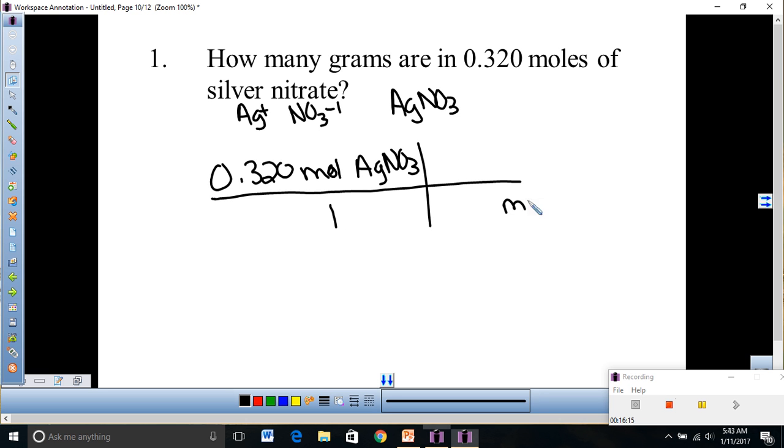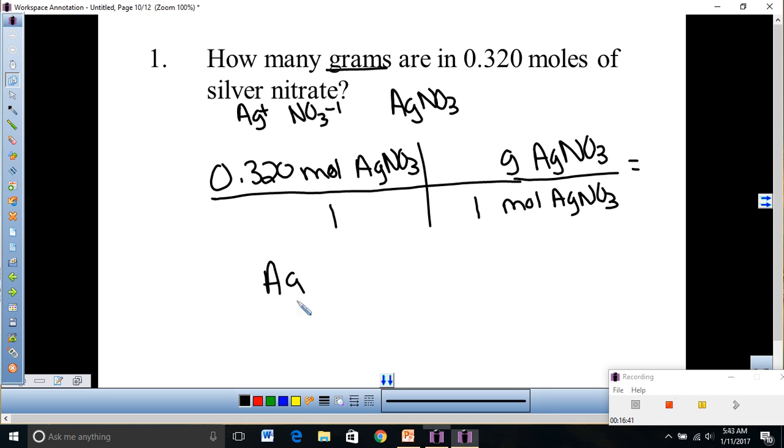We'll bring mole down, and I'm looking for grams of silver nitrate. Okay, so when we find the mole, wherever the mole is, it gets a 1. But because this is grams, I cannot use Avogadro's constant. So what we're going to use instead is the molar mass.